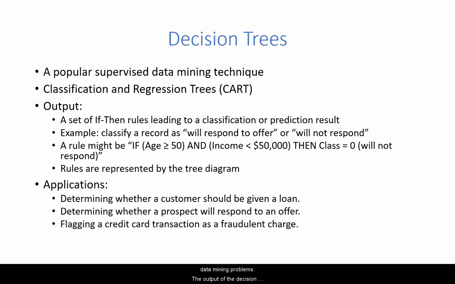The output of the decision tree model is a set of if-then rules, which eventually lead to a classification or prediction result.